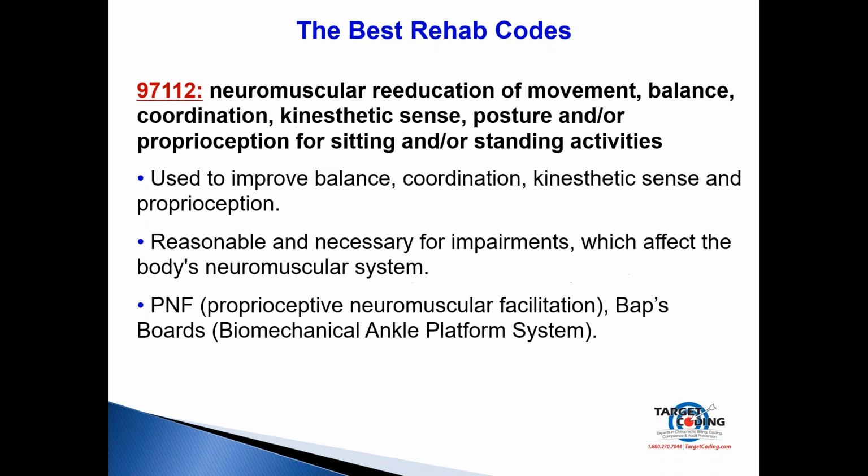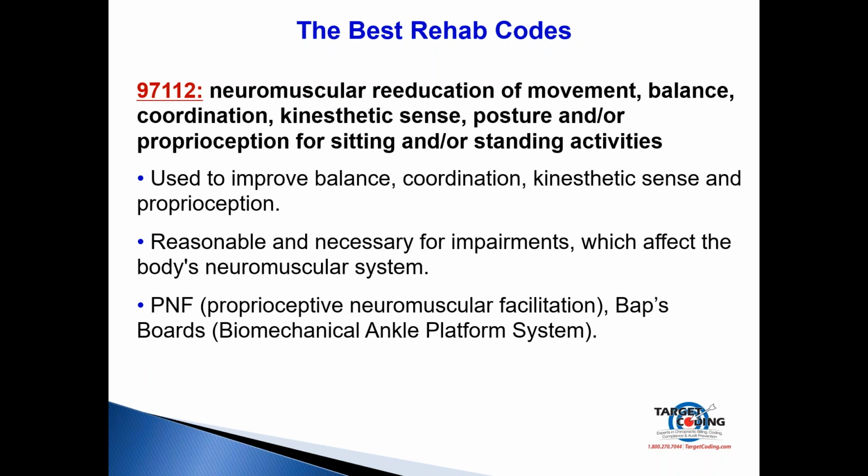Let's go to the next one, 97112, neuromuscular reeducation, used to improve movement, balance, coordination, kinesthetic sense, posture, and/or proprioception for sitting and standing activities. Okay, this is an excellent code. Many chiropractors use this code. These codes are also used very commonly by physical therapists.